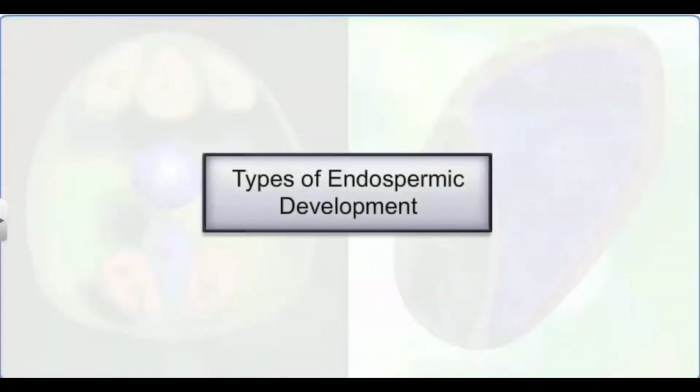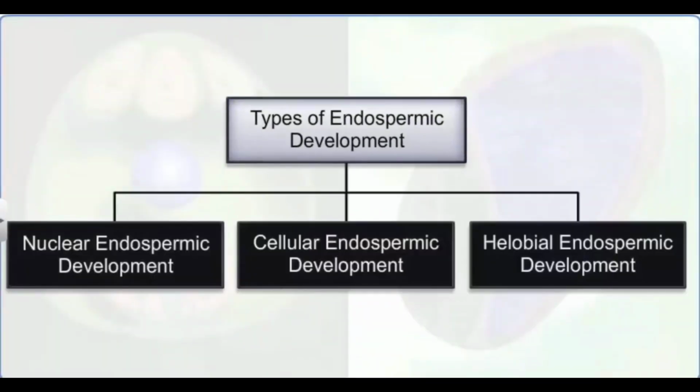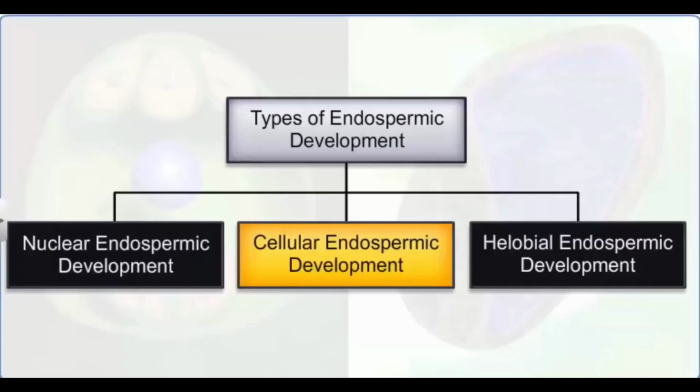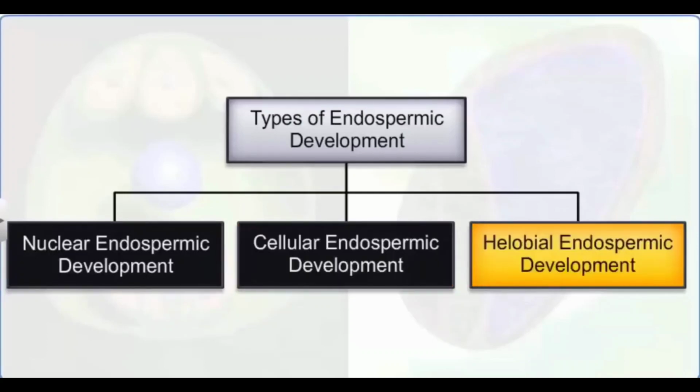Endospermic development is of three types: nuclear endospermic development, cellular endospermic development, and helobial endospermic development.